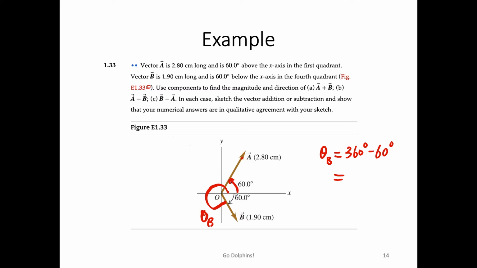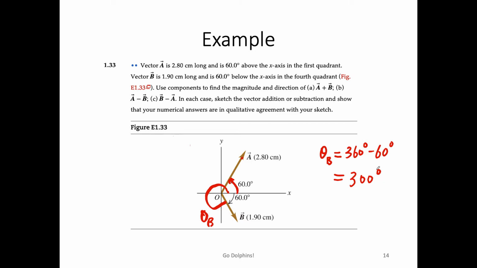The entire thing is 360, this is 60, so theta B is 300 degrees. Okay, good. Now we're ready to find the components of vector A and vector B.